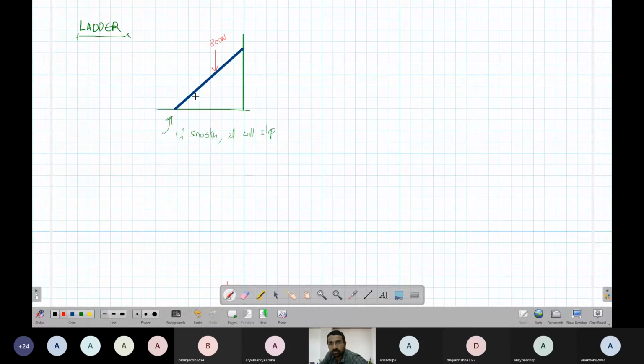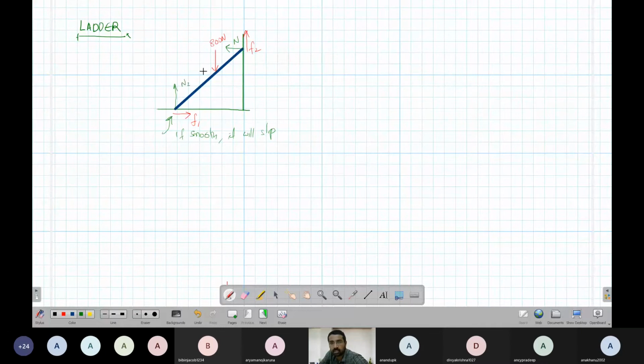Our ladder has a tendency to move in this direction, so the friction force will act in this direction. Also at this point, it has a tendency to come down, so here also friction force will act in this direction. The value of the friction force will be equal to mu times the normal force.